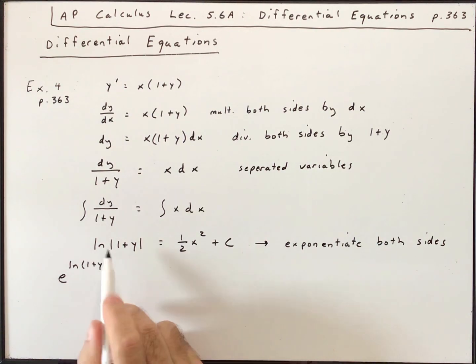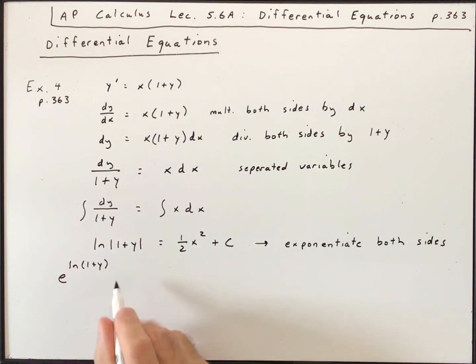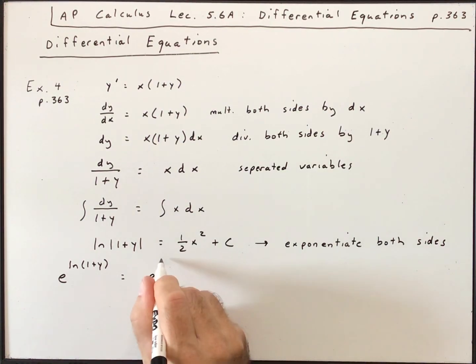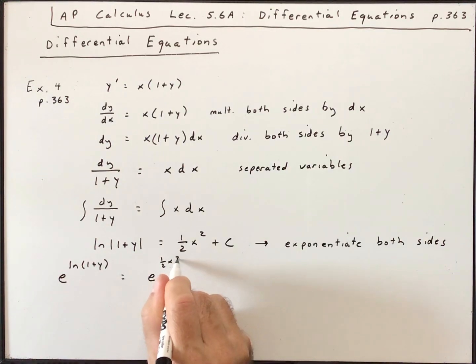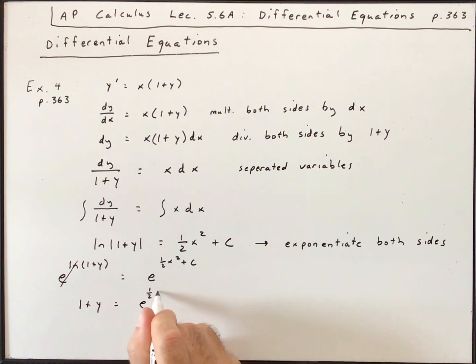We can move that from absolute value to parentheses because it is going to be positive, is equal to e to the 1/2 x squared plus c. So that c is also in the exponent. Now the e and the natural log cancel, and you have 1 plus y is equal to e to the 1/2 x squared plus c.